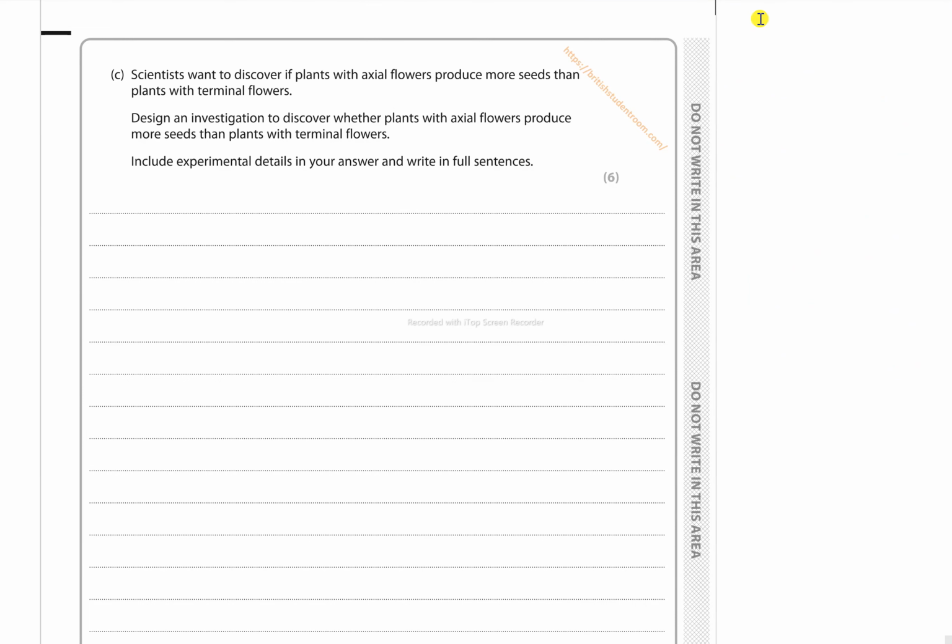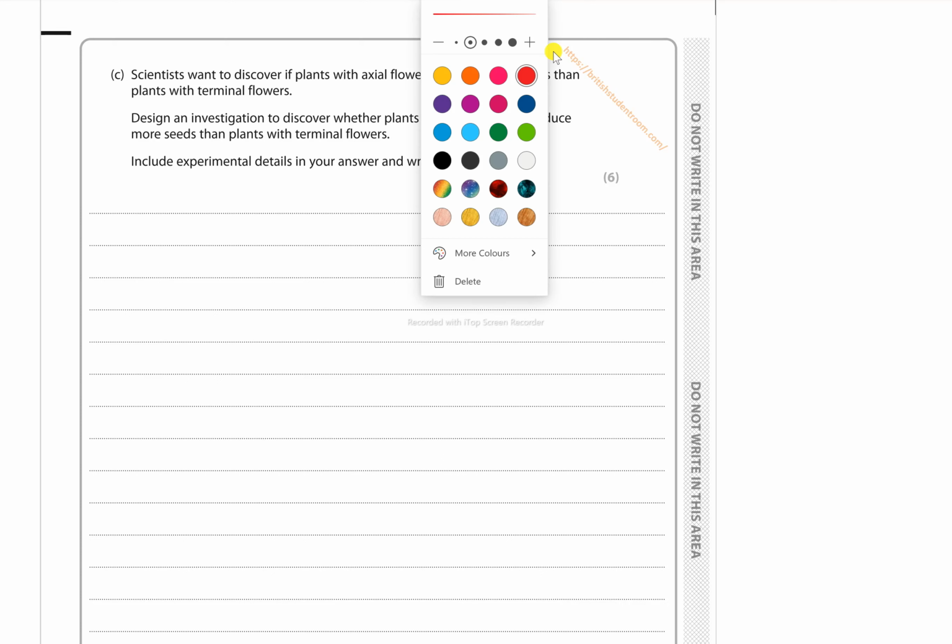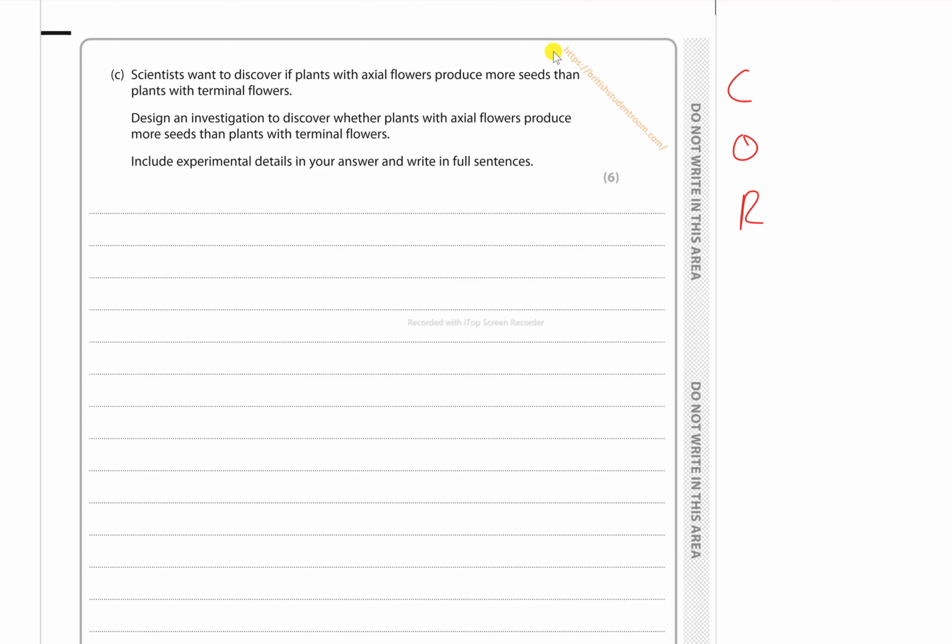We've got our classic columns. Right, so we want to discover if axial produce more seeds than terminal. So we need to design an investigation. First of all, you can start off with I will use, which organism are you going to use that you're going to control?